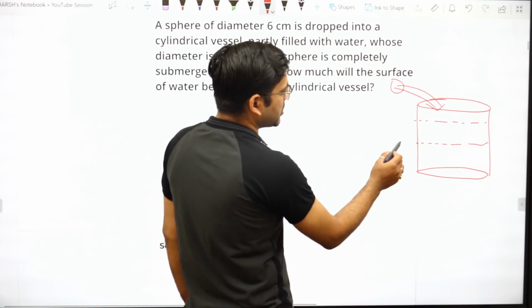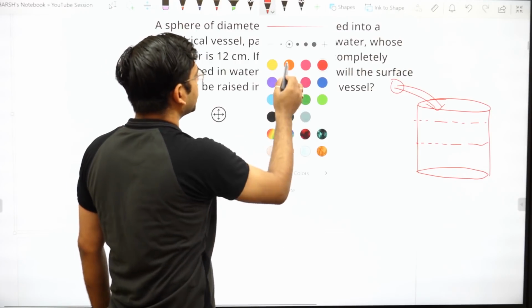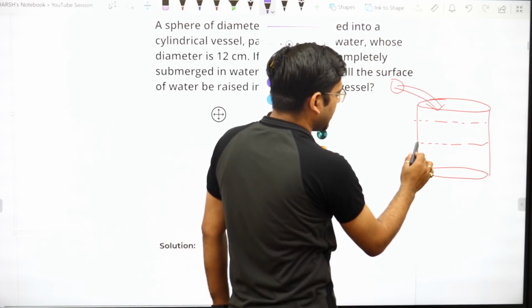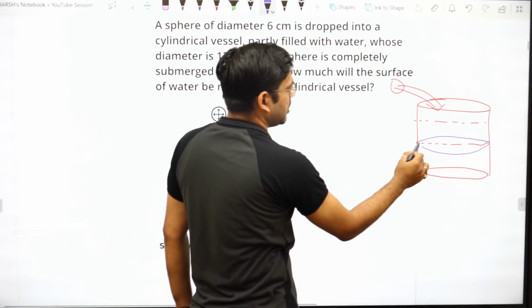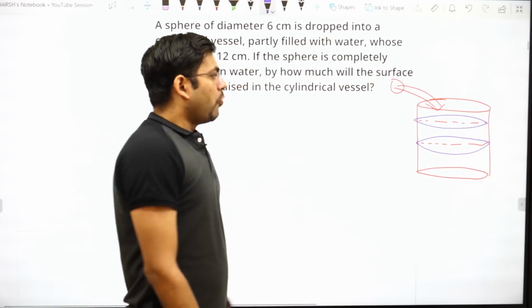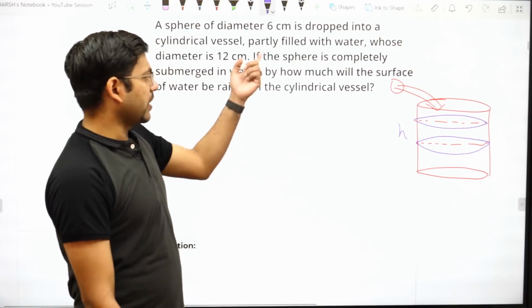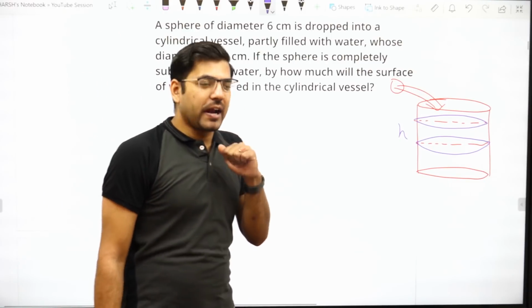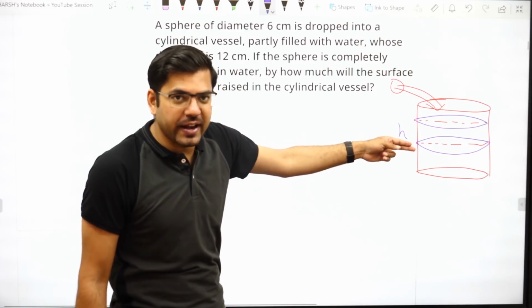So this is the initial level and this is the final level. So water has risen, say for example, h centimeter. Everything is in centimeter.